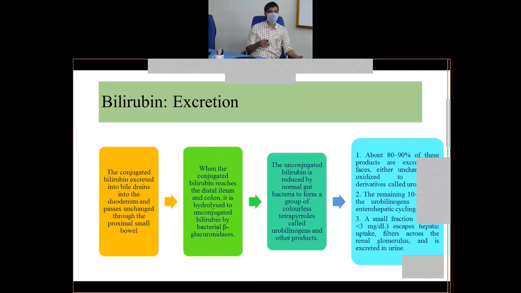Almost 80 to 90% of these products are excreted in the feces, either unchanged or oxidized to urobilin. The remaining 10% goes back into enterohepatic circulation and recycling.